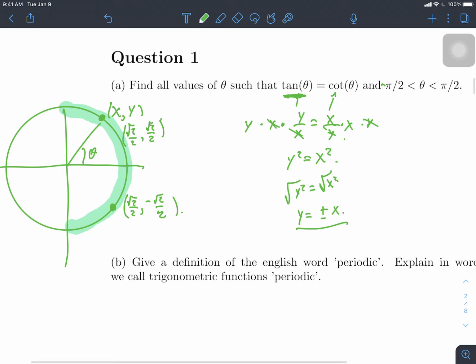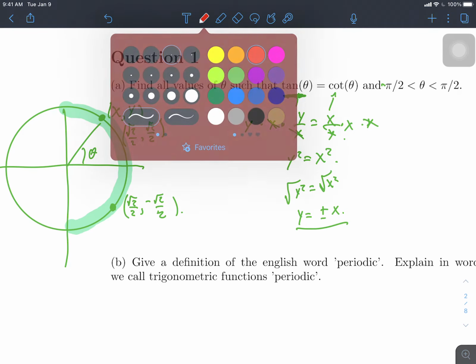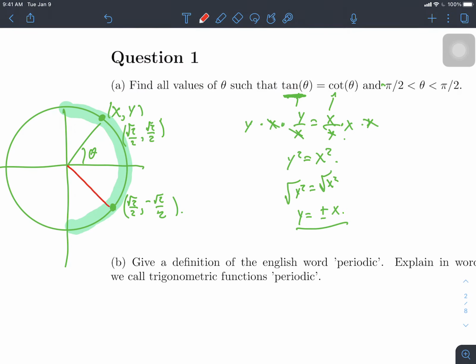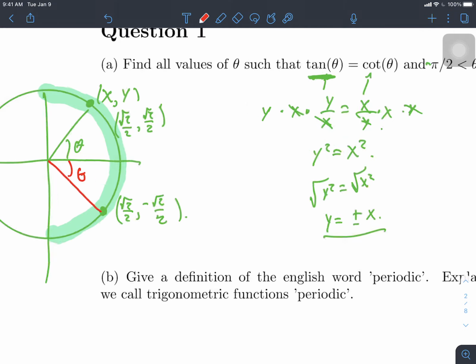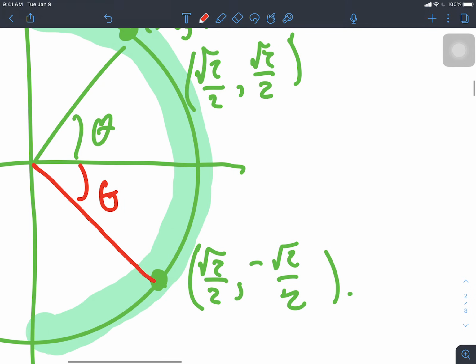Okay, and we know the values of theta which produce these 2 points. If we draw a triangle in here, what is this really saying? This is saying that the length of one side of the triangle is equal to the length of the other side of the triangle, and that only happens with a 45, 45, 90 triangle.